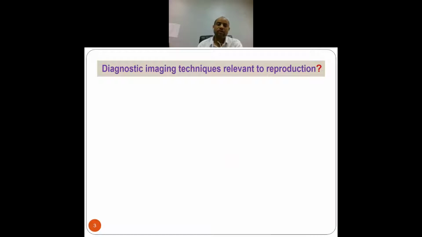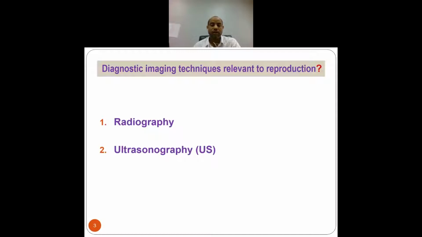So as you may know, there are different diagnostic imaging techniques available for application in veterinary medicine, and more specifically in the examination of the reproductive system. Among those important diagnostic imaging techniques, radiography and ultrasonography come in the first place.